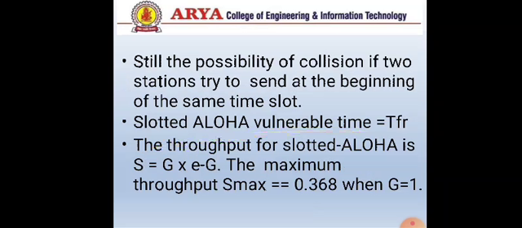Some collision possibility is stopped, but still there is some possibility of collision, because if two stations try to send at the beginning of the same time slot, a collision occurs. The slotted Aloha vulnerable time is Tfr, and the maximum throughput is 0.368.